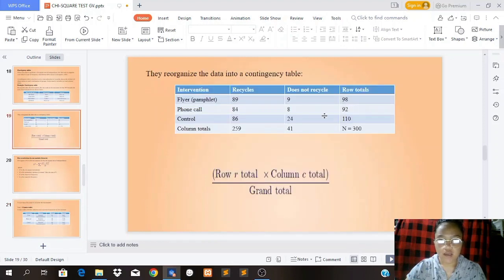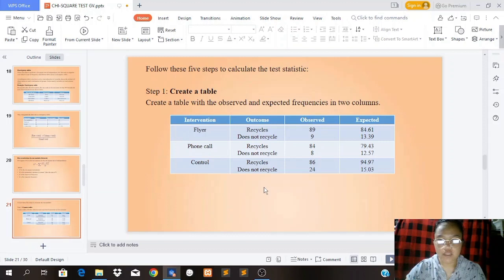Then 92 times 251 divided by 300 equals 79.43.